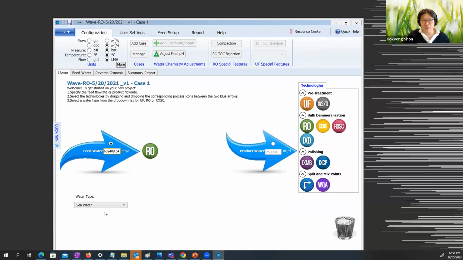So your 8.1 is the seawater. That's the reason why we adjust the pH at the pretreatment level to 5.1 or 6. That's the reason you can reduce the overall inorganic scaling issue.